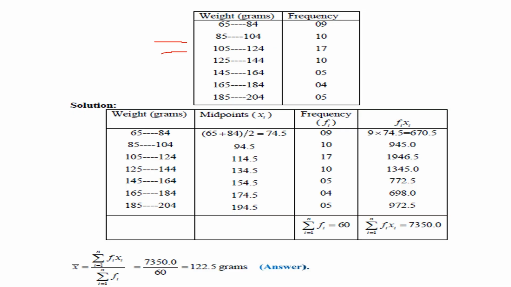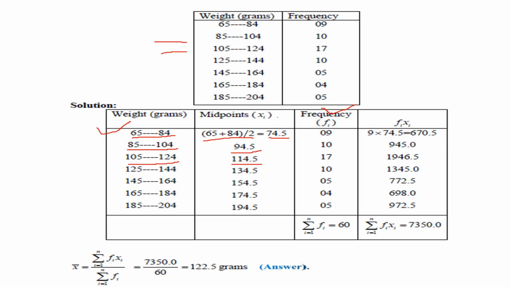Now, the first method to find the mean of this data: we have the class intervals, that is the weight, already given, and we have the frequencies already given. Now we find the midpoint of these two values, which is 64 plus 84 divided by 2, giving 74.5. Similarly, we add 85 plus 104 divided by 2, we get 94.5. And 105 plus 124 divided by 2, we get 114.5, and so on.